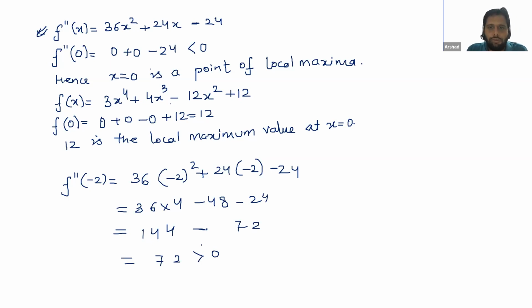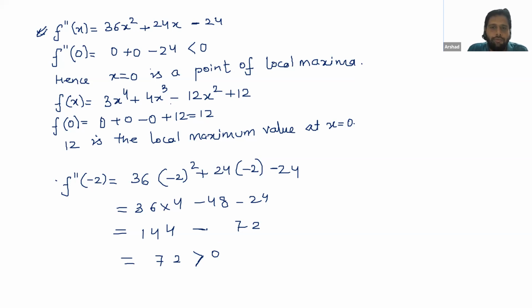Will you check first where you have done the calculation mistake? Fahad, can you check where you have done the mistake? Fahad, writing substitute. Yes, that's the issue. Always substitute in the second order derivative.